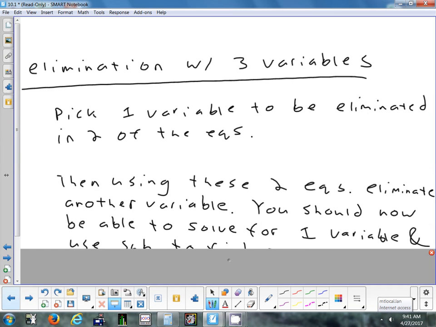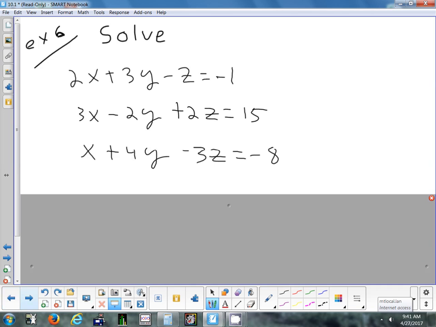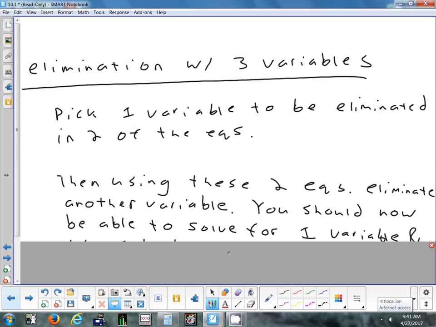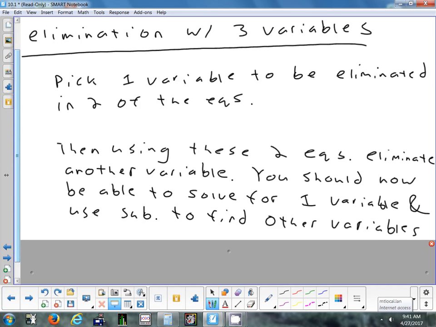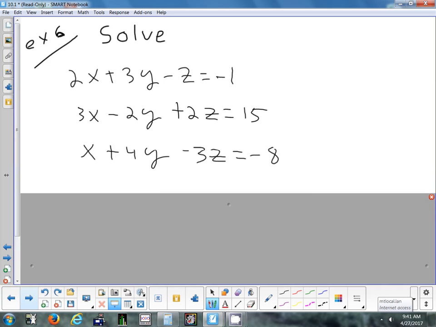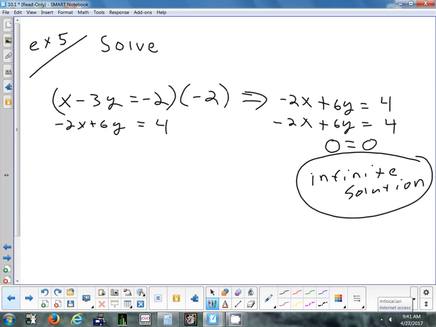Out of those three, pick two. Forget about the third one. Then eliminate one of the variables in the two equations you just picked. Once you do that, you're going to be left with two equations and two variables, so you turn a problem like that into a problem like that.